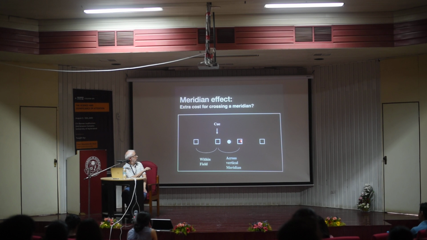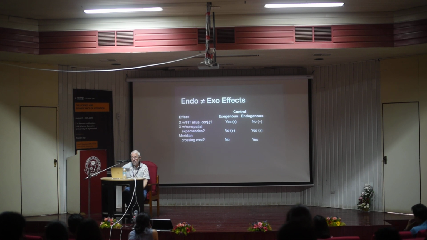So the cost here would be significantly greater than the cost here. I'm not going to go into why they thought that was support for premotor theory, because I don't think it was particularly good support for it, but the finding is robust. But it only occurs with endogenous orienting. It doesn't occur with exogenous orienting. So that's a dissociation.